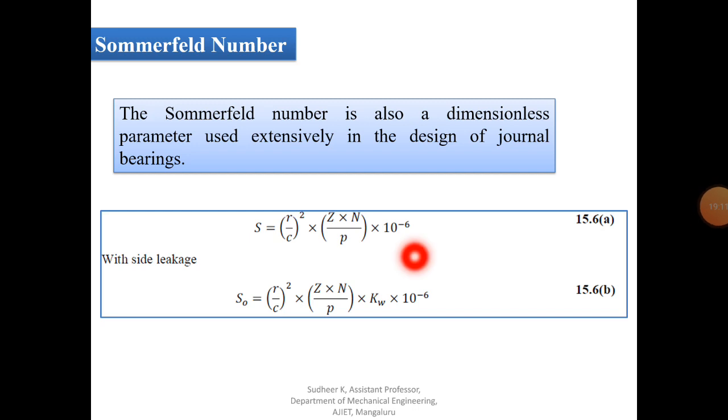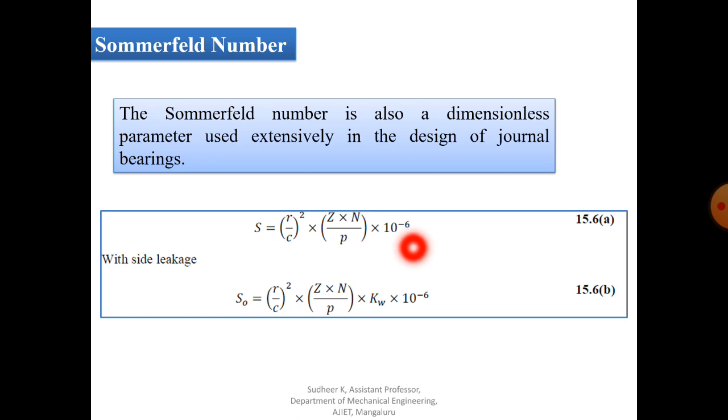Unit of Sommerfeld number is given as S per minute. Actually it is not a unit. Sommerfeld number is always a unitless number, but if you use the Mahadevan and Balaveera Reddy data handbook, the expression for Sommerfeld number is given in S per minute, so you have to take care of that.